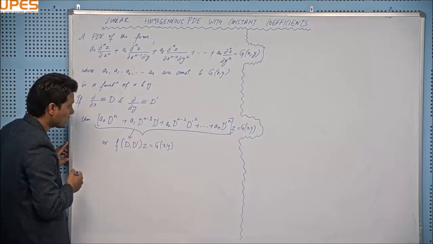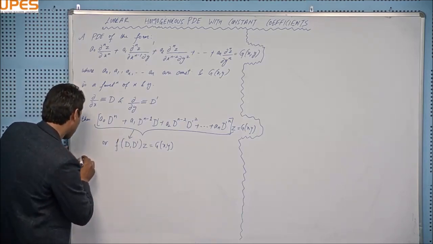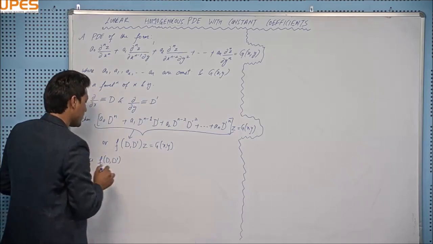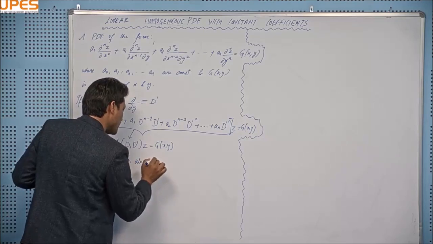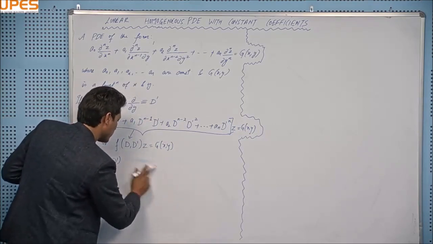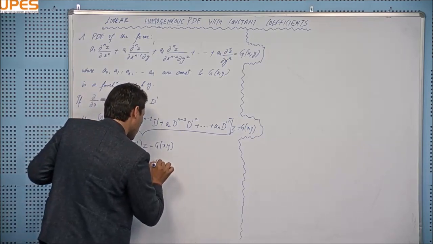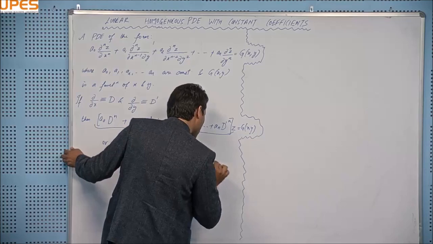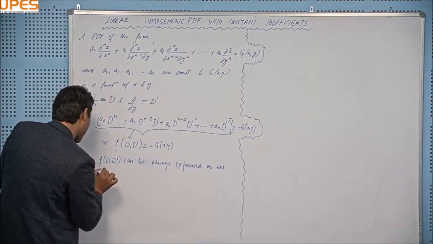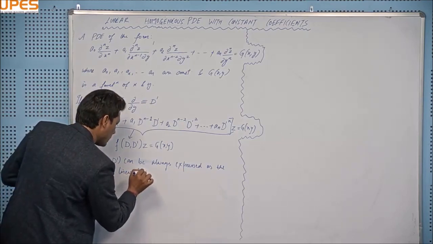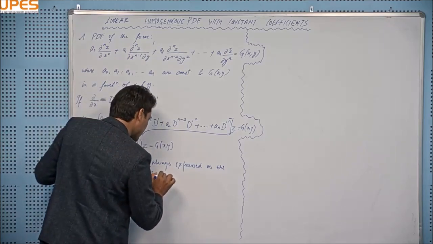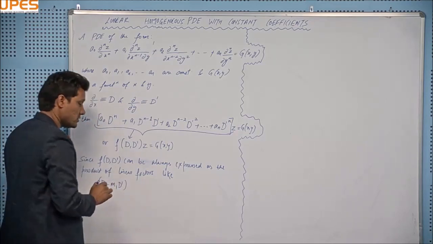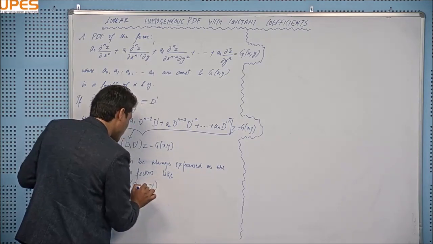So what is the process to solve this linear PDE? I am writing that since f D comma D dash can always be expressed as the product of linear factors like D minus m1 D dash, the first linear factor, D minus m2 D dash, and so on.